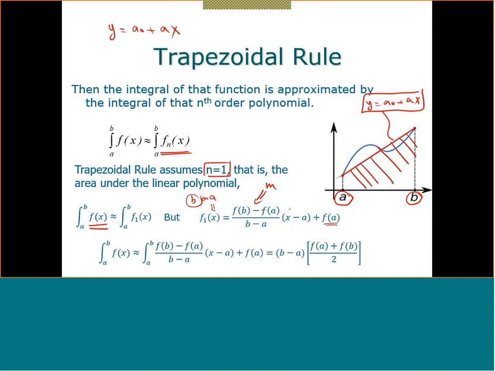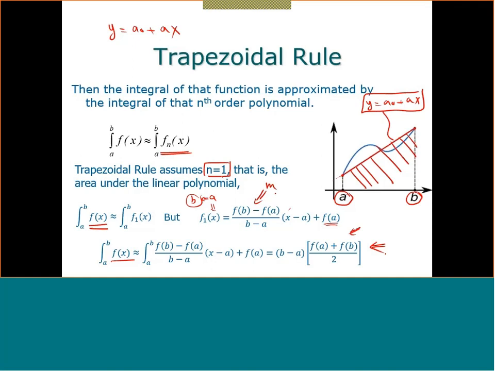So the integration from a to b of f of x is approximately equal to this. Now my f of x, the blue line, is represented as a straight line equation, which is the red line, and then I will end up having this formula: b minus a times f of a plus f of b over 2, which is nothing but the area of a trapezoid.